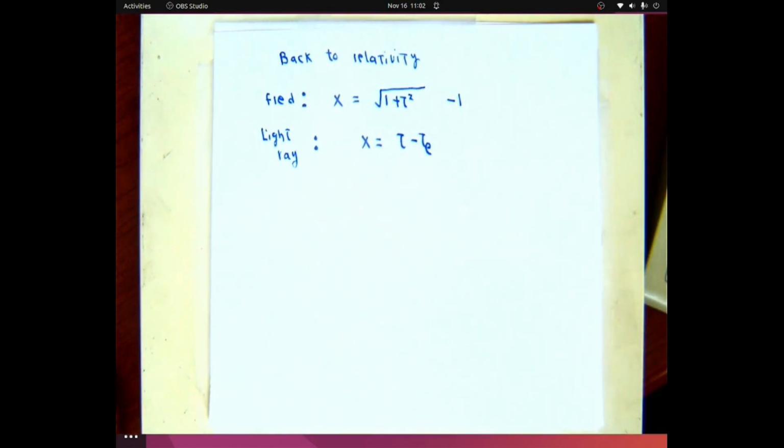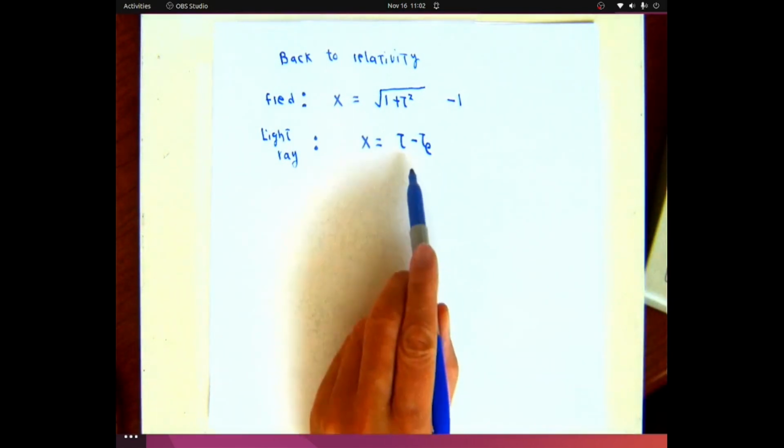Also, at a certain moment of coordinate time, t sub e, the photon is emitted along the positive x-axis. The speed of light being 1 tells me that my previous formula for the position of the photon is still valid.